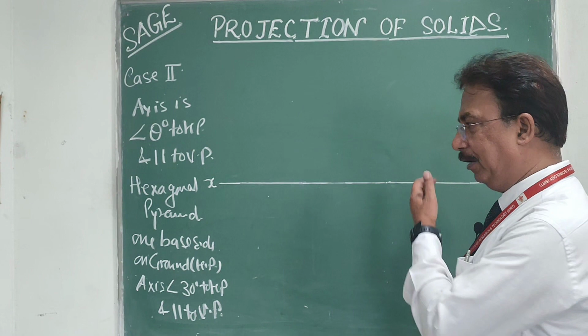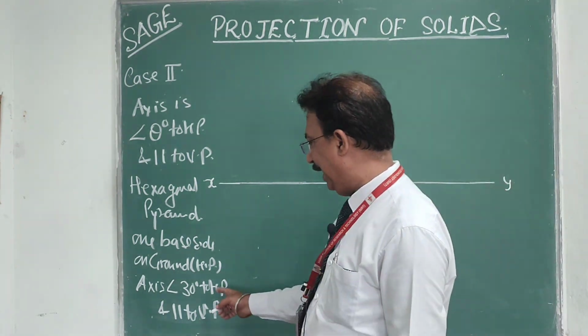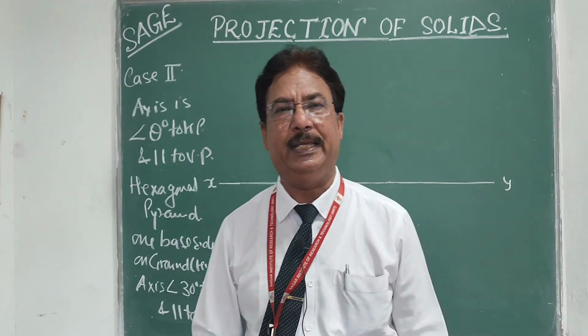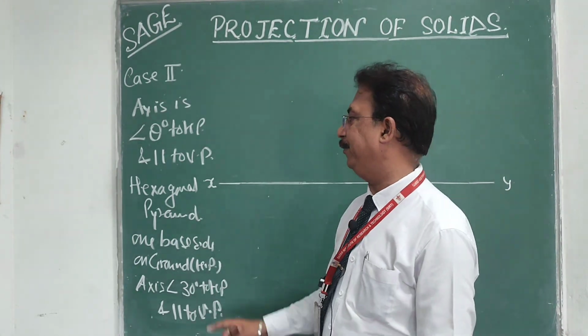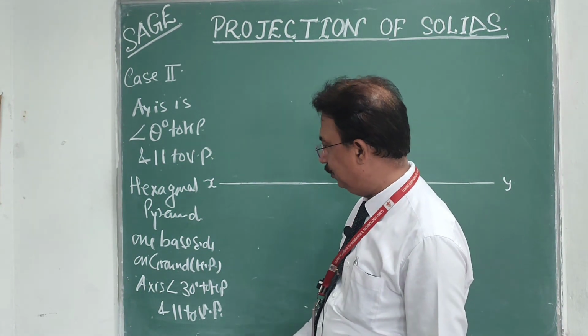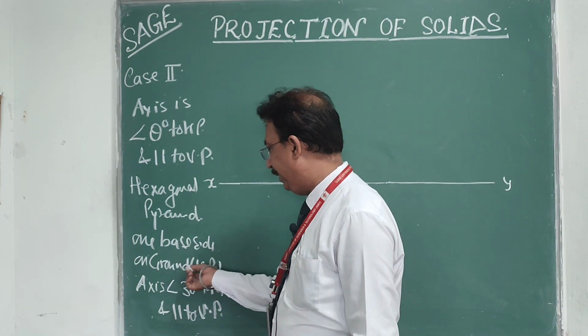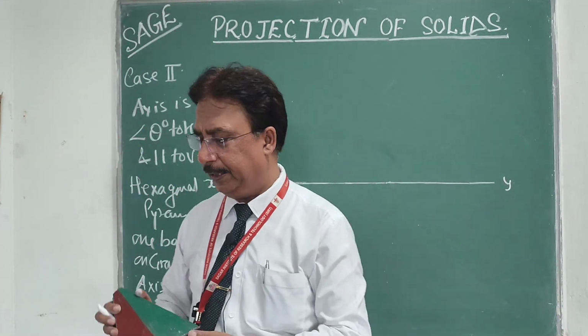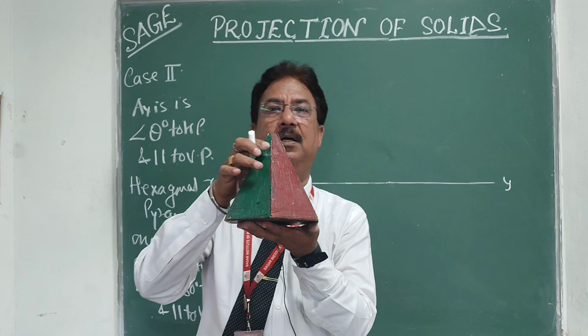Initially, as the axis will be inclined to HP, I suppose the axis perpendicular to HP. They also say one base side is on the ground or HP, so the better option is to keep the whole base on the HP.